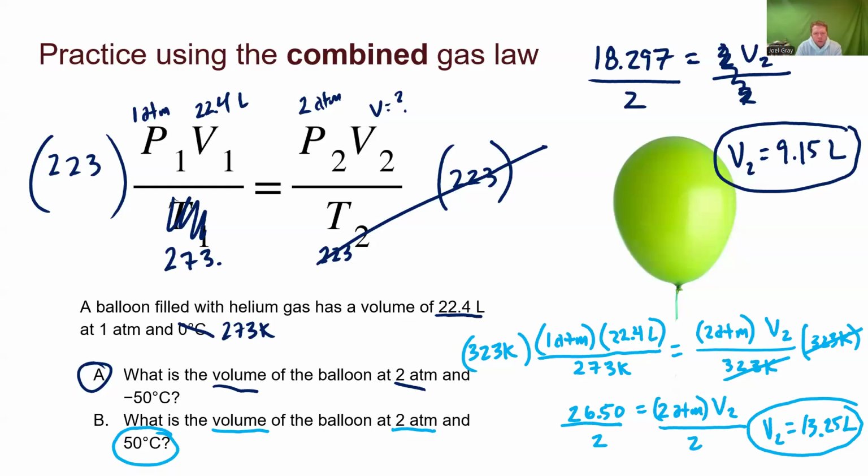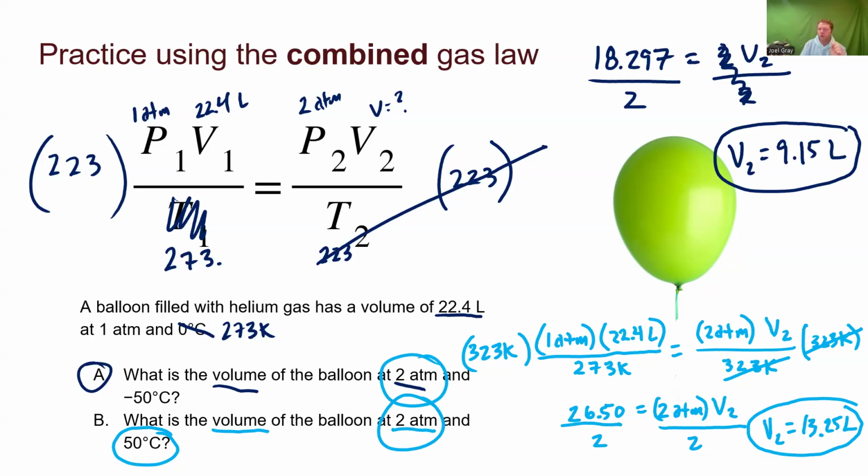Now, what I would interpret this to mean is that in both cases, our pressure went to 2 atmospheres. Does everyone follow that? Give me a Y or an N to the chat. Okay.